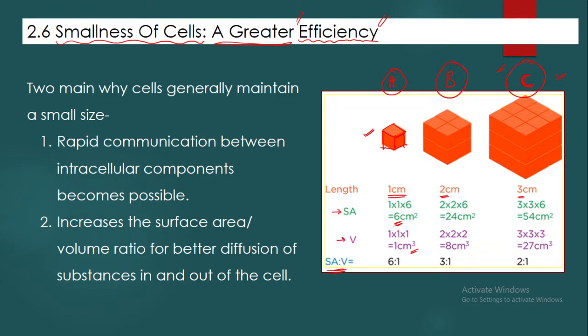If you take the small cube, for one volume you get 6 times the surface area, but for the 2 centimeter cube, for one volume you get 3 times the surface area, and if you increase the size of the cube further, for one volume you get only 2 times the surface area.